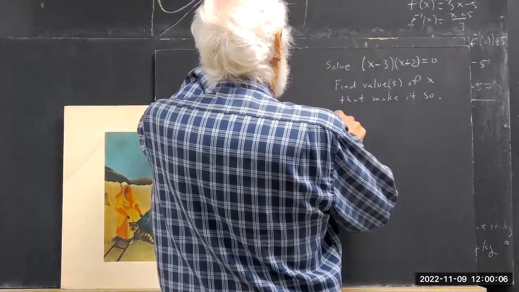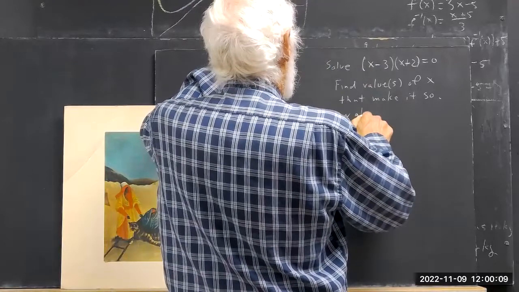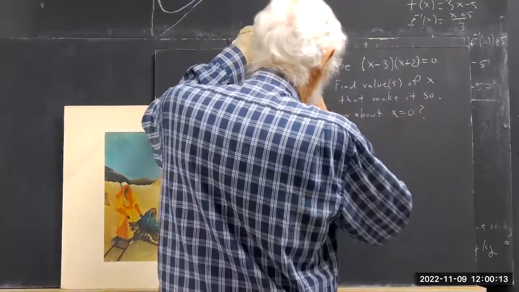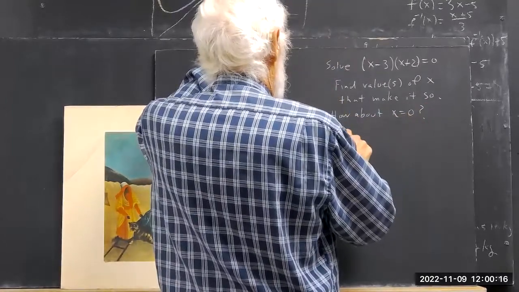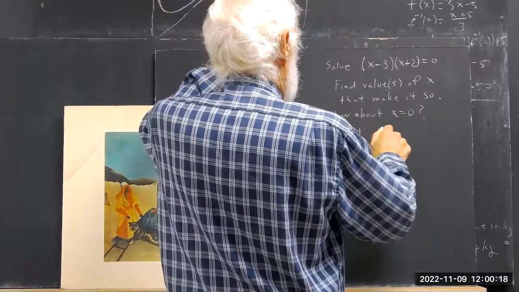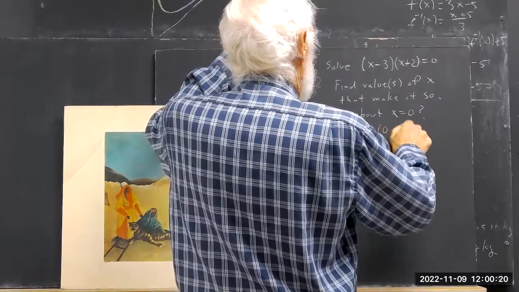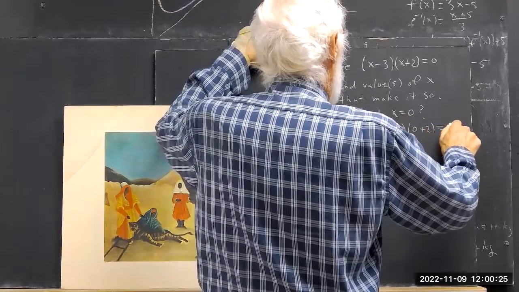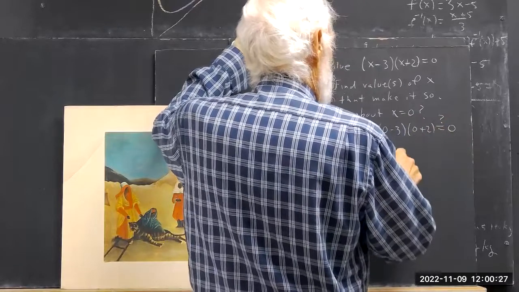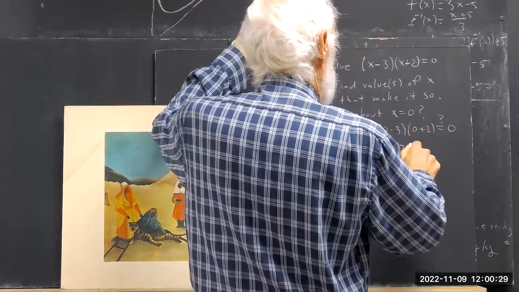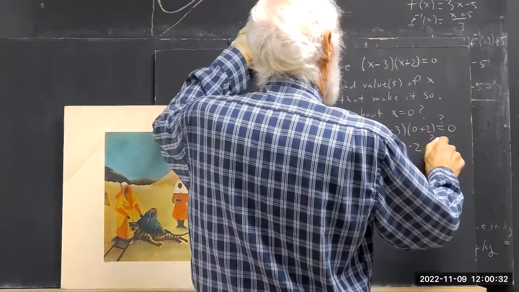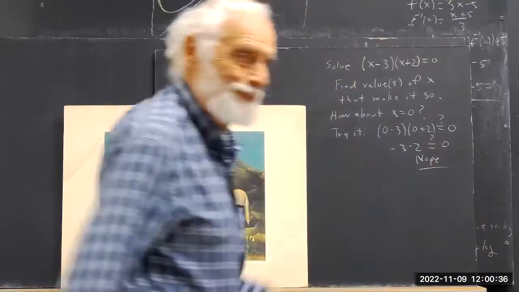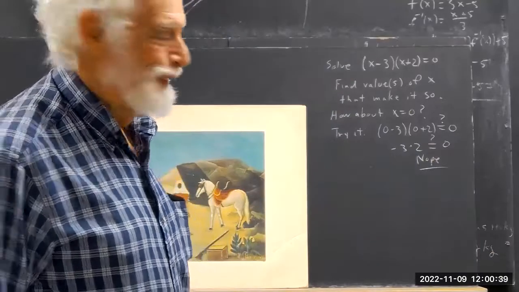So let's say, how about x equals 0? Right. 0 minus 3 times 0 plus 2. Is this equal 0? Well, that's negative 3 times 2 equals 0. And the answer, nope. Didn't work.